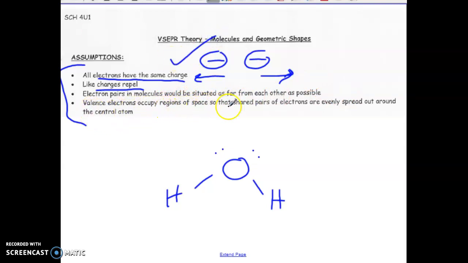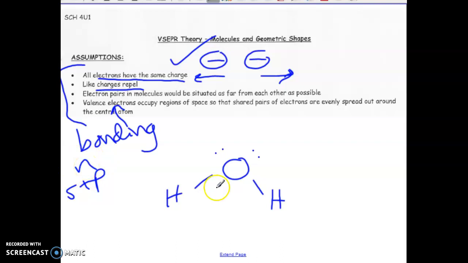Valence electrons occupy regions of space so that shared pairs of electrons are evenly spread out around the central atom. Essentially, anytime we're talking about bonding electrons, we're always talking about valence, right? That means the highest n number and the s and p electrons within that n number. So when we're looking at oxygen and the bonds that it's making, the electrons involved here are only the valence ones.